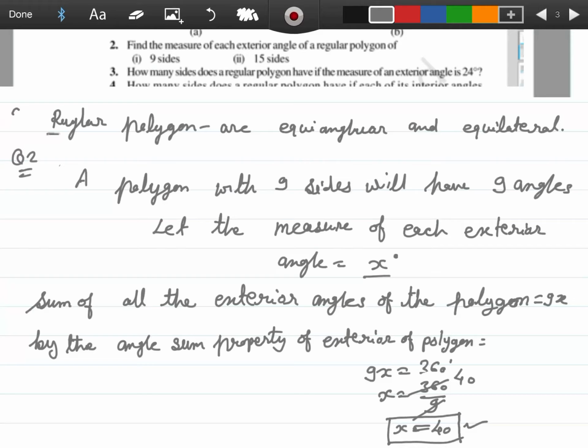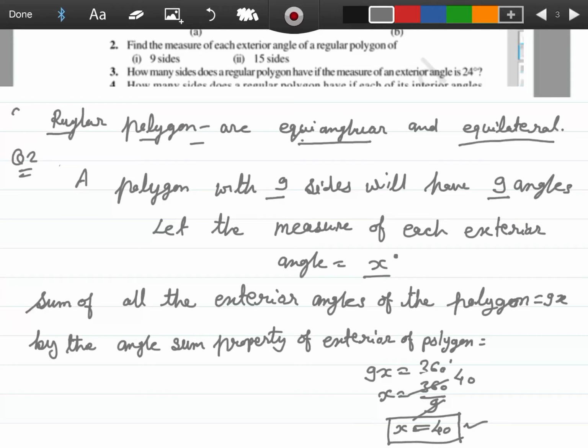So first of all, what has been given? This is a regular polygon. A regular polygon means it will be equiangular and equilateral. We also know that this is a polygon with 9 sides. A polygon with 9 sides will have 9 angles. Clearly, you can draw the polygon with 9 sides and count the angles.